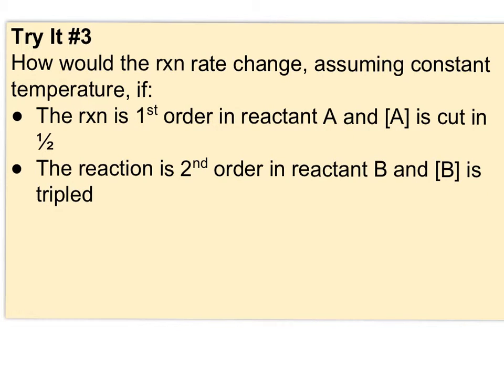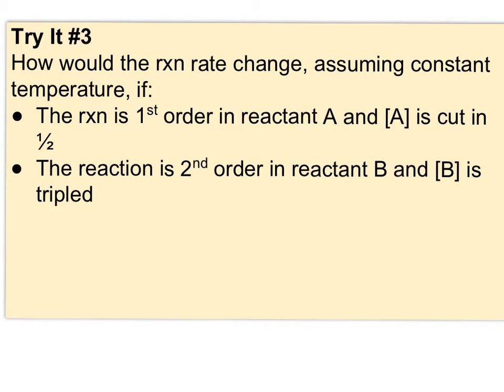Here's one more for you to pause and try. How would the reaction rate change, assuming constant temperature, if the reaction is first order in reactant A and A is cut in half, or if the reaction is second order in reactant B and B is tripled? So if we look at the first example here, if A is cut in half and it's first order, then that means it's got a 1-to-1 relationship.